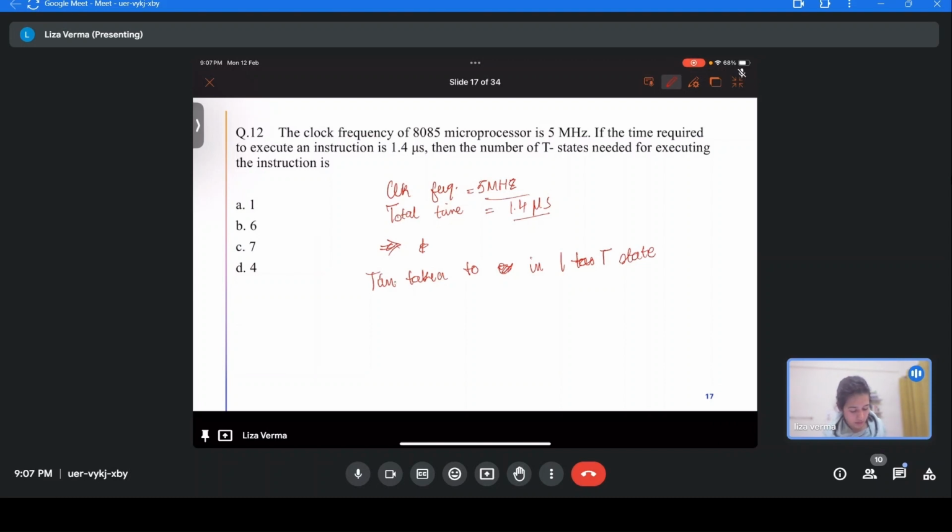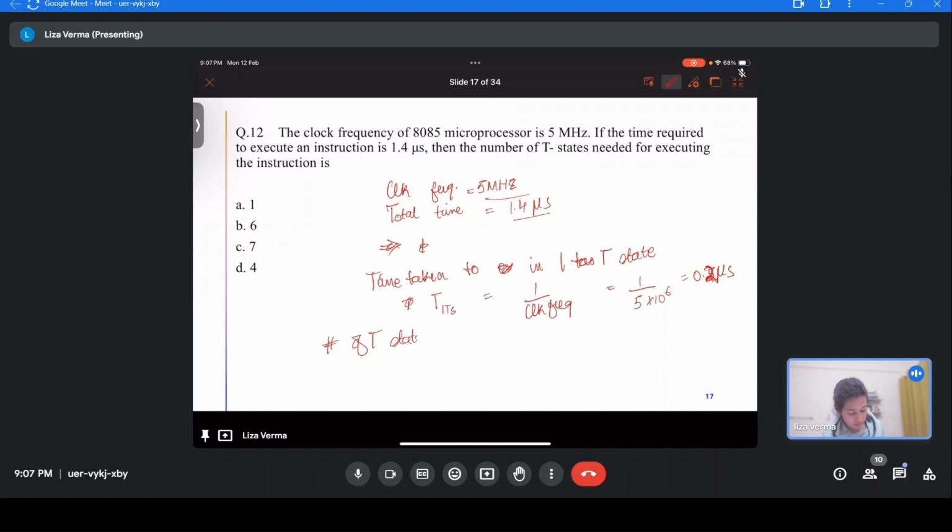Time for one T state will be 1 by the clock frequency, that is 1 by 5 megahertz, into 10 power 6, which is 0.2 microseconds, right? Sorry, I shouldn't be in a hurry.